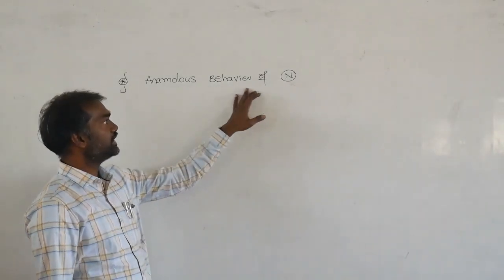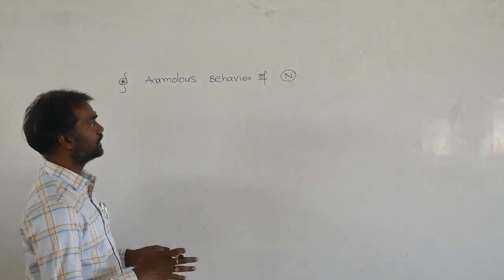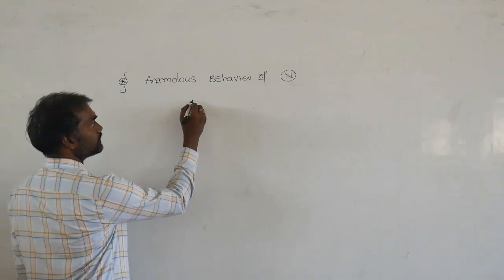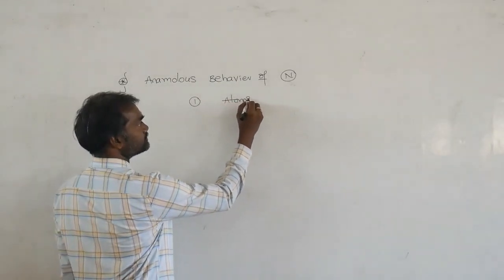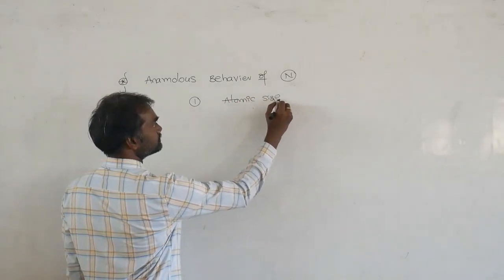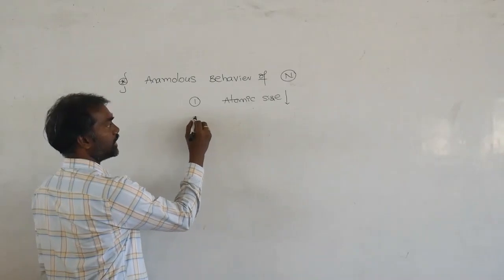That is the anomalous behavior of the first element in every group. If you see different properties, atomic size is less. So atomic size is very less compared to all the others.